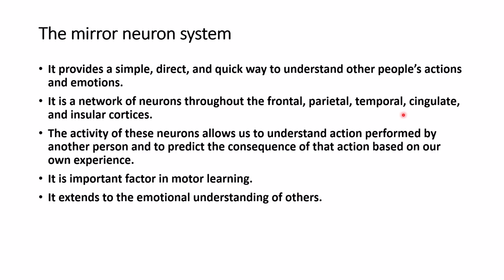A different topic is called the mirror neuron system, in which a person looks at the action and emotion of somebody else and, based on that, analyzes the information. Different parts of the brain are involved, with a lot of connections between different lobes, and the limbic system is involved in this mirroring system.